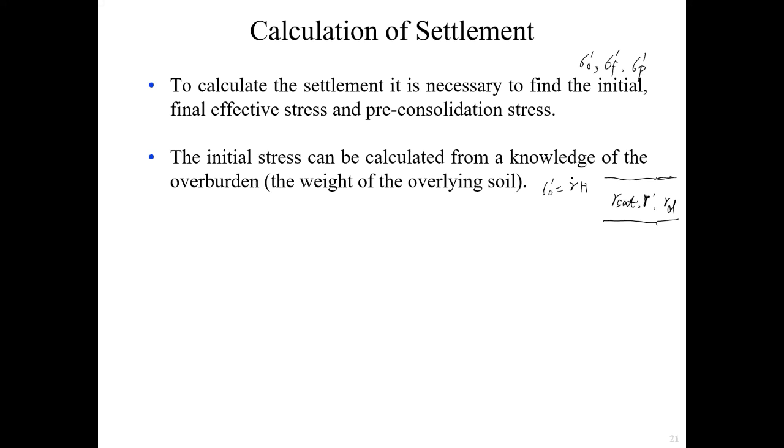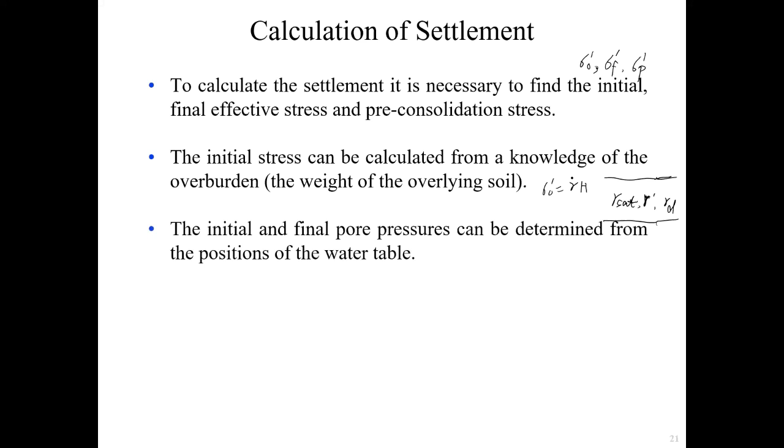And then if there's any change in the position of the water table, then the initial and final pore water pressure can be determined accordingly. The pore water pressure only correlates to the position of the water table. So why do we mention this? Because sometimes you are not able to work out the effective stress straight away, but you need to calculate it indirectly.